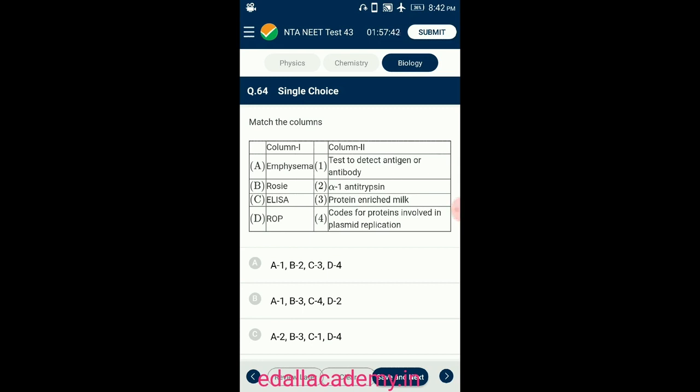Thus, the milk of the cow became nutritionally more balanced for human babies. ELISA is a diagnostic technique based on antigen-antibody reaction and it is used for early detection of pathogens. ROP is a region of pBR322 that codes for a protein involved in plasmid replication. So the answer for this question is option C.